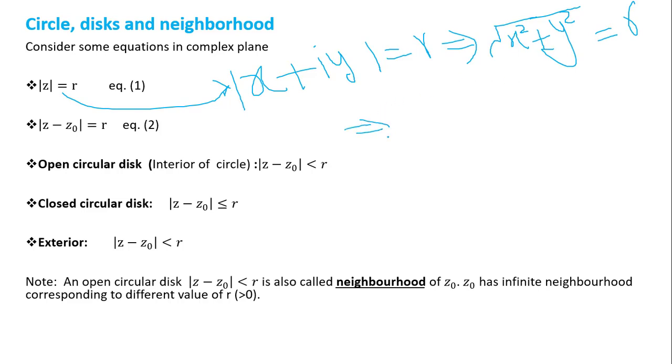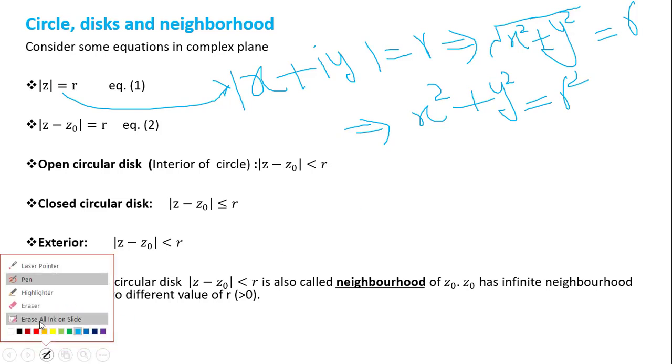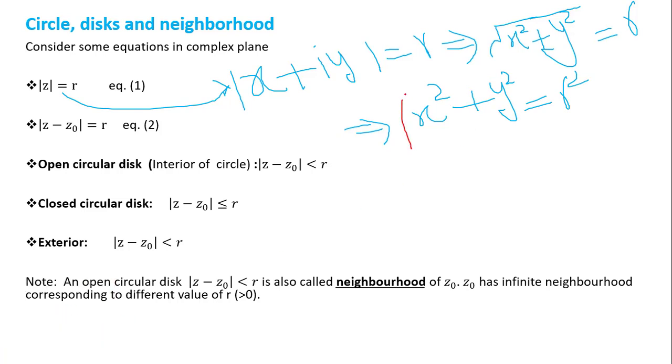This implies x square plus y square equal to r square. Now what is this?